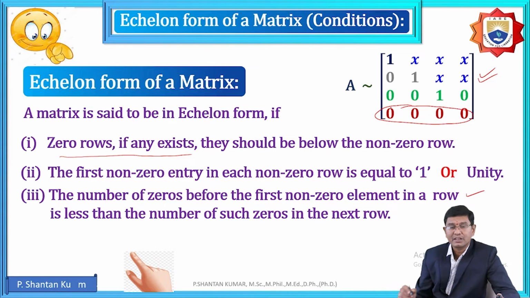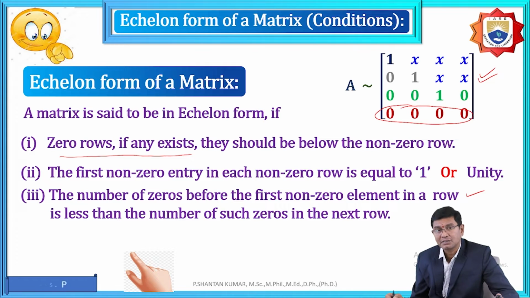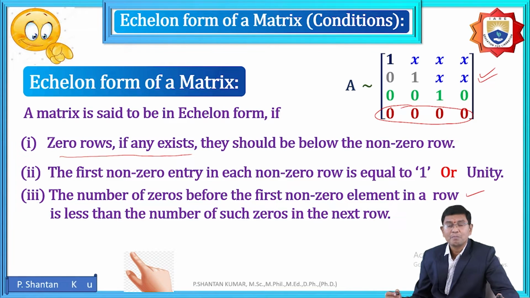So the first condition is satisfied: if any zero rows are available, you put them at the bottom, as the last row. And second, the first, second and third rows are non-zero rows, because a non-zero number exists in each.